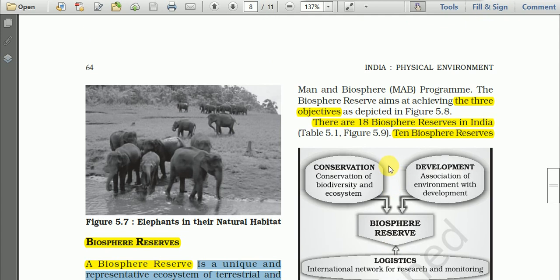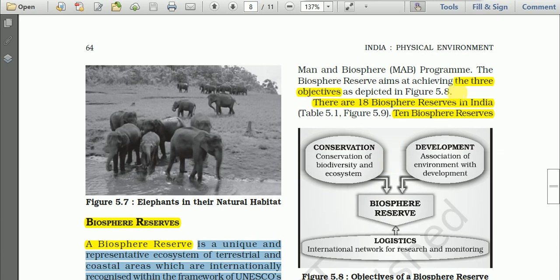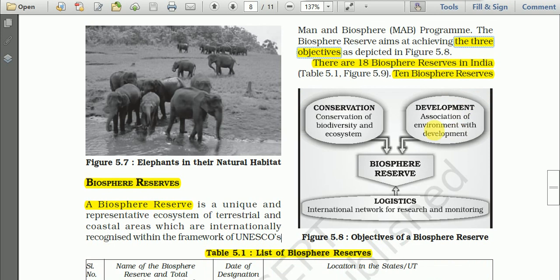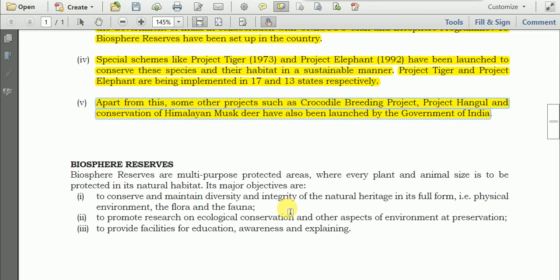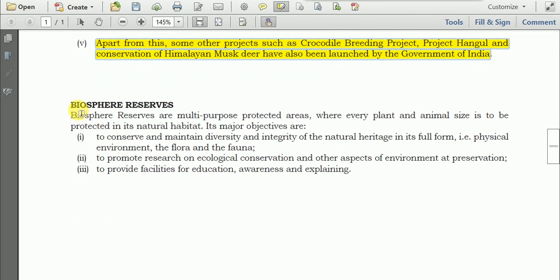Okay, and the Biosphere Reserve aims at achieving 3 objectives depicted in figure number 5.8. So these are the 3 objectives of the Biosphere Reserves, and we have a simplified definition of Biosphere Reserves given at the end of your textbook.